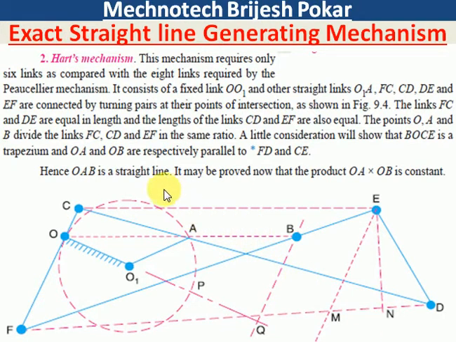This is a consideration. Now what we have to prove? In previous videos we have seen that if OA and OB is constant, if we prove OA into OB is constant, then we can say that the point B moves in a straight line. So if you have not seen that video on the concept of straight line mechanism, first see that video, then please watch this video, okay.